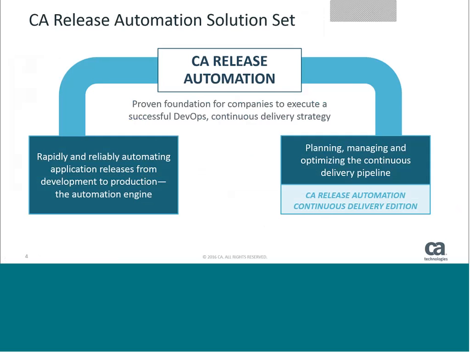So this is the solution set that we will talk about, the right part of it today. The solution set is built from the core release automation that all of you know as you are release automation customers. It helps you, again, to automate your deployments. You can orchestrate the whole deployment process using the action packs, and it really makes this whole process very easy.